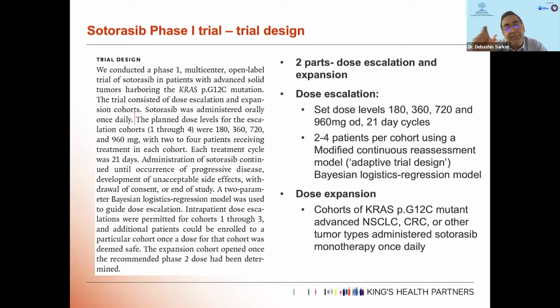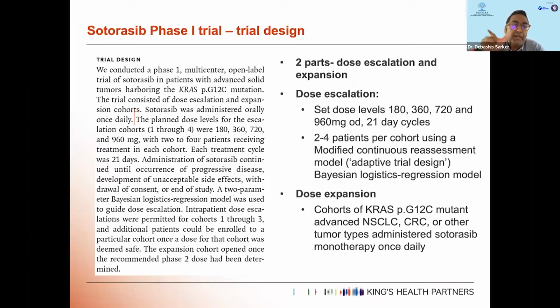So you have to go digging a little to find further detail, because the main paper has a limited amount of information. They've used what's called a modified continuous reassessment model, or what we call an adaptive trial design. I'll explain what that means in the next slide.